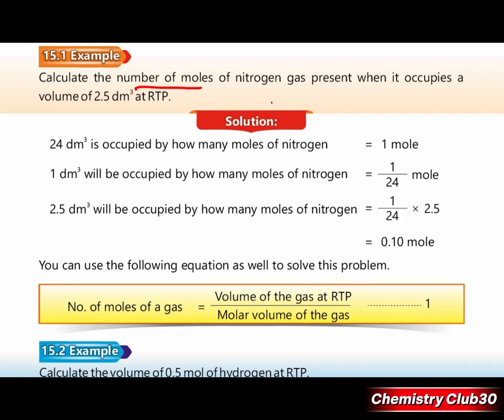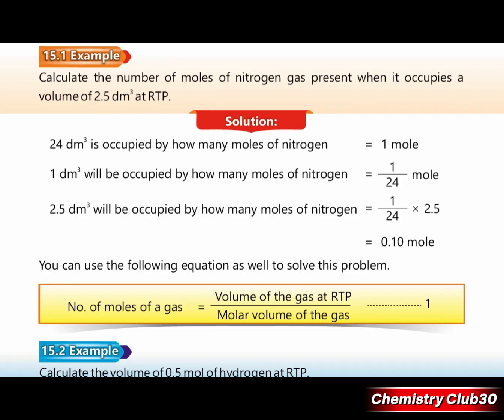In this numerical, the given data is the volume of nitrogen gas, which is 2.5 dm cube, and the conditions are room temperature and pressure. That means 1 mole will occupy a volume of 24 dm cube, which is the molar volume, and we have to find the number of moles of nitrogen gas.